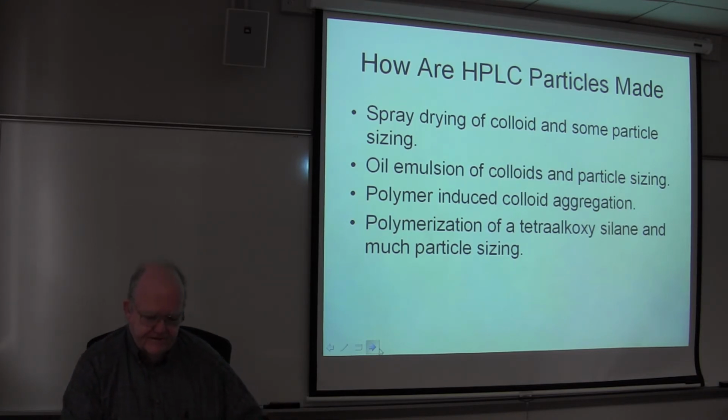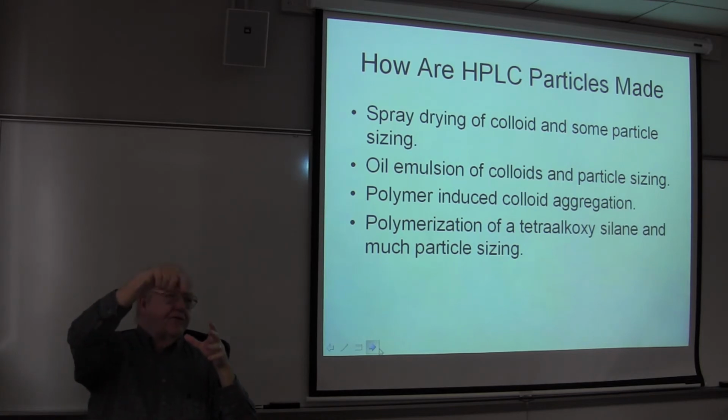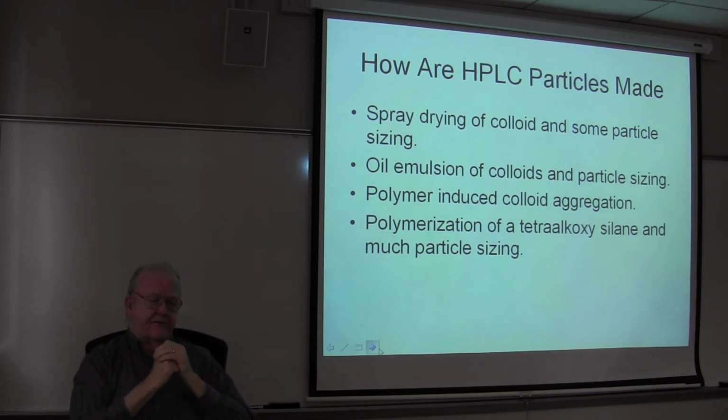Another way to do it is what's called oil emulsion, where you have your colloid typically in water, and then you put an oil around it, something like peanut oil. Water has a slight solubility in peanut oil. You heat this up quite hot, and you stir it really, really fast.